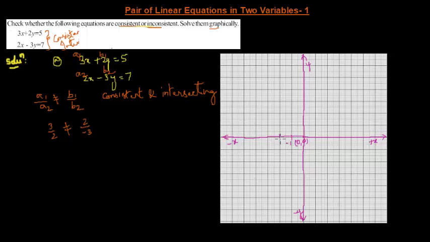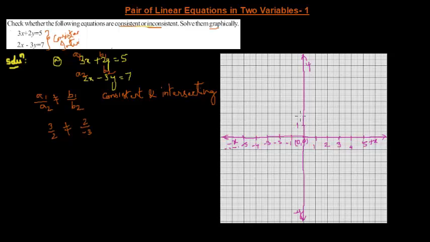So I have minus 1, minus 2, minus 3, minus 4, minus 5 and so on, and plus 1, plus 2, plus 3, plus 4, plus 5 and so on.